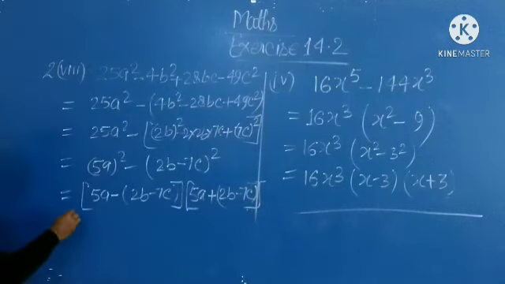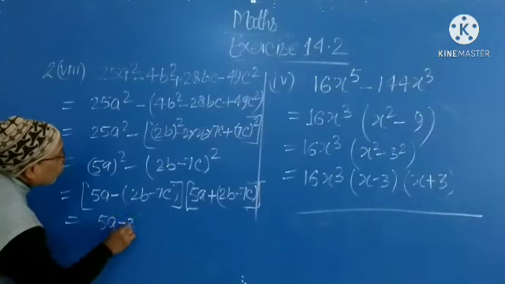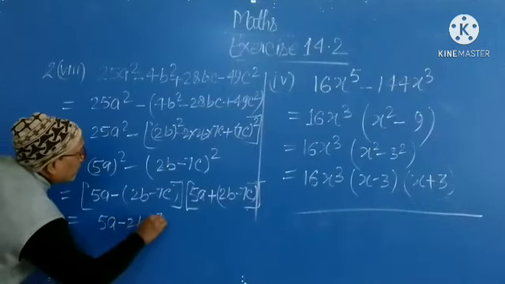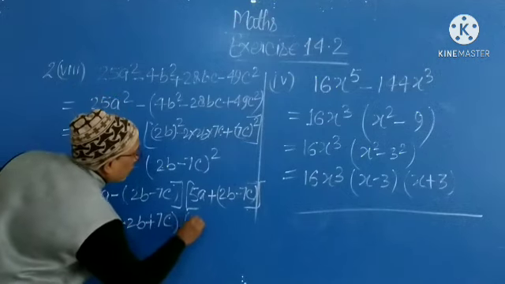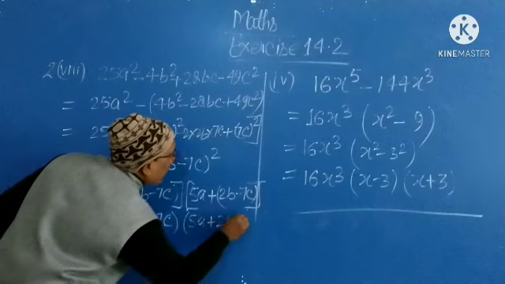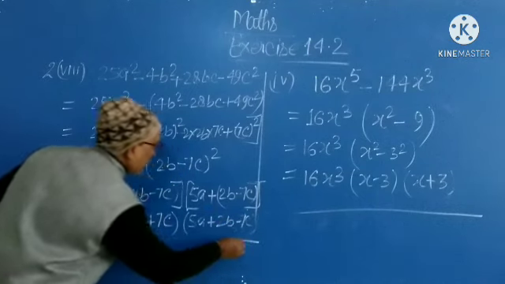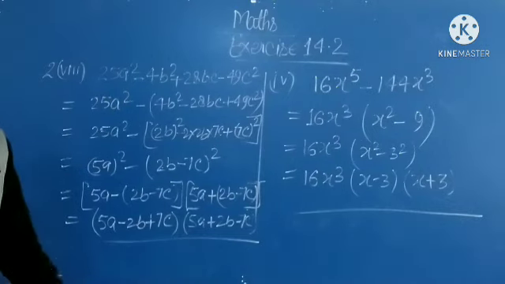When you open the bracket you get 5a minus 2b plus 7c. In the second bracket you write 5a plus 2b minus 7c. This is the factorization of the given expression.